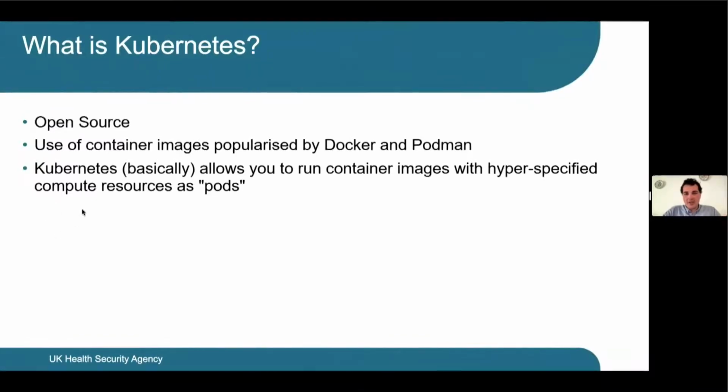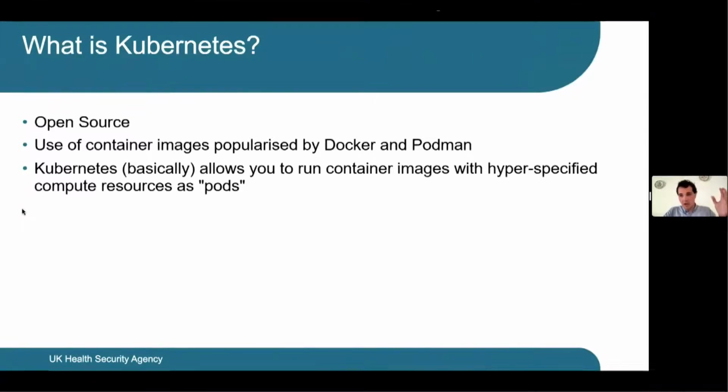And Kubernetes extends that idea of running your workloads in container images. Instead of having those container images running on your laptop, they allow you to orchestrate having those container images run anywhere. So you could have Kubernetes on your laptop, you could have it anywhere, and I'll come on to that in a moment.